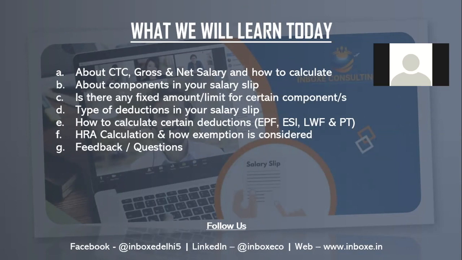Because of this relocation we need to stay in a rented place, so we provide the rent slips. Now what is the maximum exemption we can get? Suppose someone is getting 30,000 HRA in the salary slip, but is that 30,000 claimable, or is some calculation there? This we'll also learn.